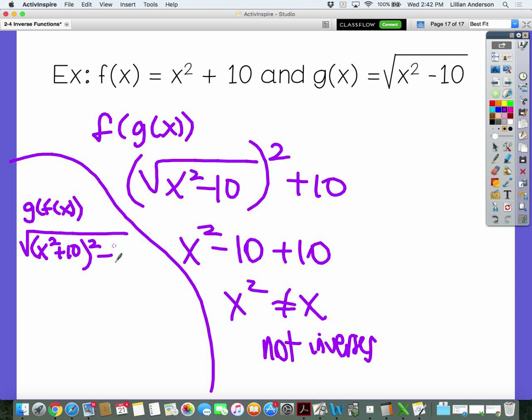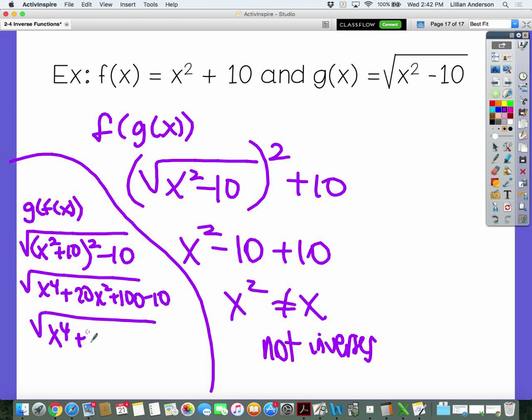You square that, and then you subtract 10. So you actually have to FOIL this. You get something real crazy, nasty, and this is definitely nowhere near x. Even if you try to simplify this sum, this definitely does not equal x.